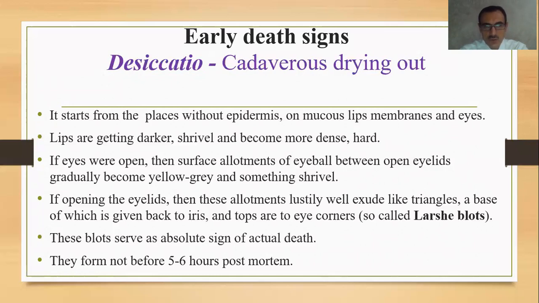If eyes were open, the surface of the eyeball between open eyelids gradually becomes yellow-gray and shrivels. If the eyelids are opened, these areas form triangles, the base of which faces the iris and the tops the eye corners, called Larcher's spots. These spots serve as an absolute sign of actual death.